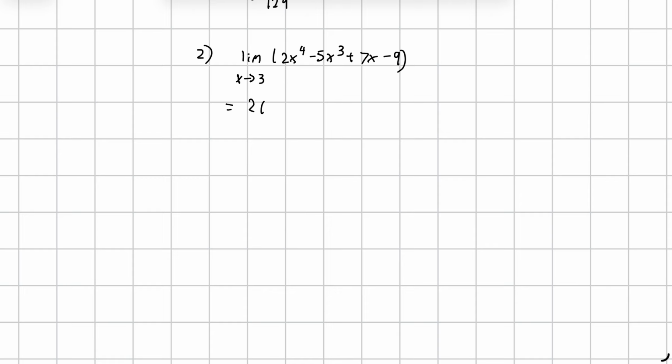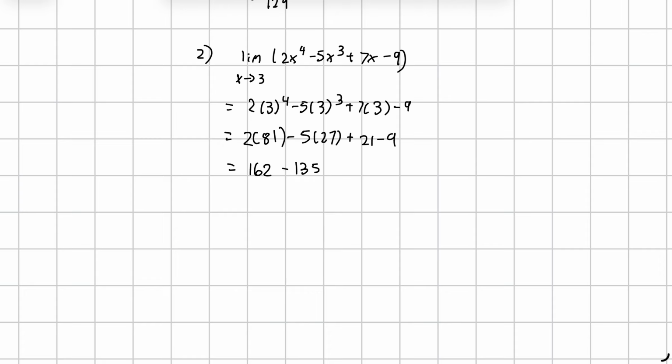We have 2 times 3 to the power 4 minus 5 times 3 cubed plus 7 times 3 minus 9. 2 times 81, because 3 to the power 4 is going to be 81. And we have minus 5 times 27, because 3 cubed is 27. And then 7 times 3 is going to be 21, minus 9. We have 162 minus 135 plus 21 minus 9, and that's all going to equal 39 for our final answer.